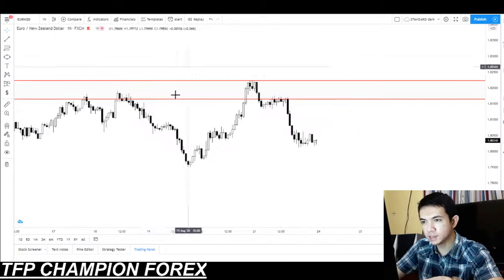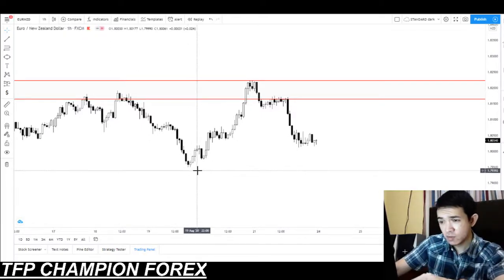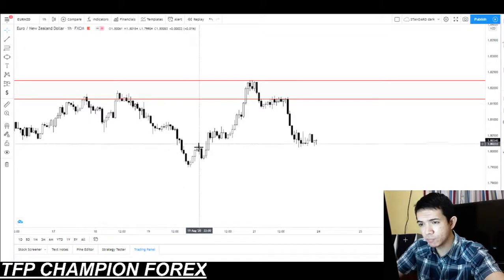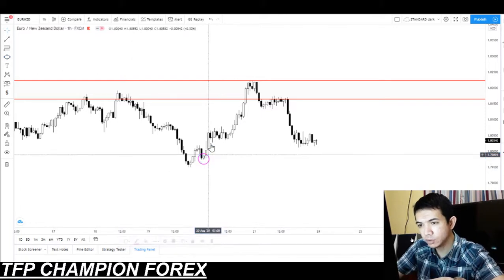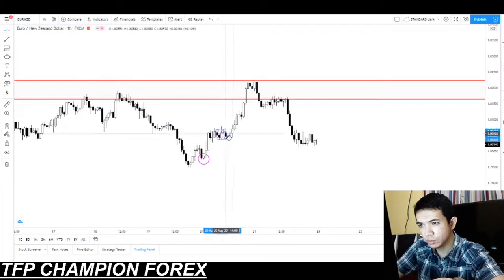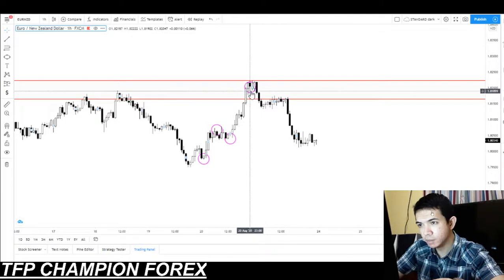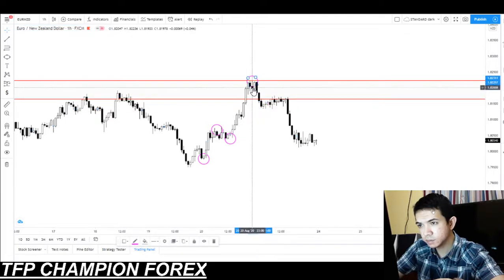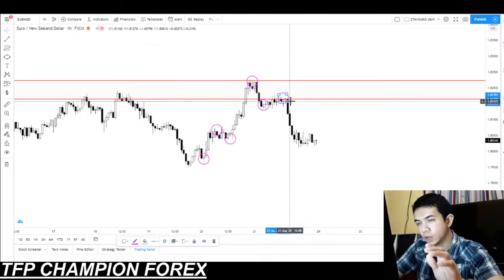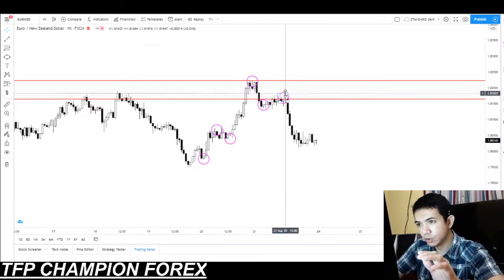So if we would analyze this current situation of the price or behavior, we can see that the price from a lower level moves in an impulse and then a correction, forming another higher low, higher high, higher low, sorry, and then higher high, and then suddenly the price made a higher low still, but formed a lower high.